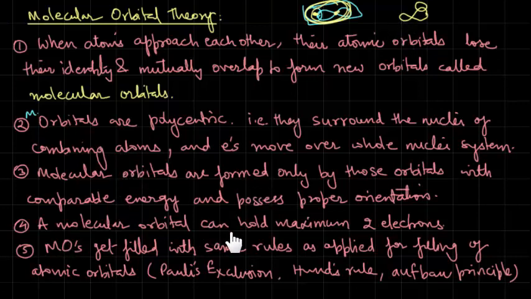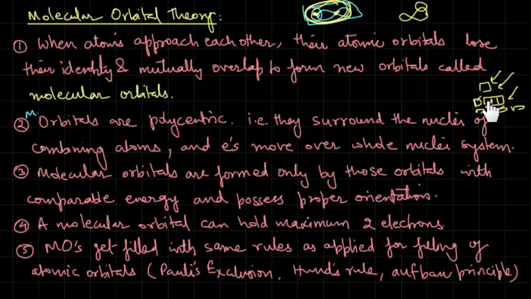A molecular orbital can hold a maximum of 2 electrons. Molecular orbitals get filled with the same rules as applied for filling atomic orbitals, which are Pauli's exclusion principle, Hund's rule, and the Aufbau principle. All three combined, if you remember that chart, the filling goes in the order S, SP, SPD, with a maximum of 2 electrons in each orbital.